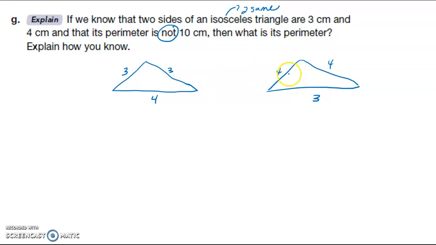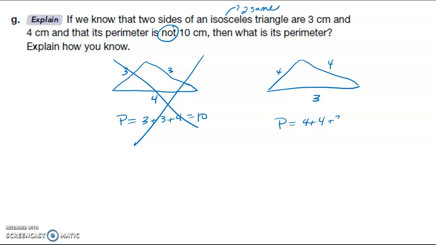My perimeter here is 3 plus 3 plus 4, which is 10. It said the perimeter is not 10, so this is not the one. Here, my perimeter is 4 plus 4 plus 3, which is 11, and that's the perimeter.